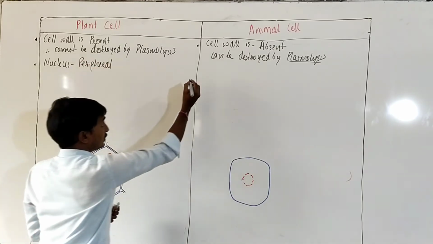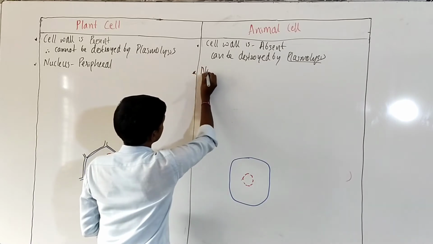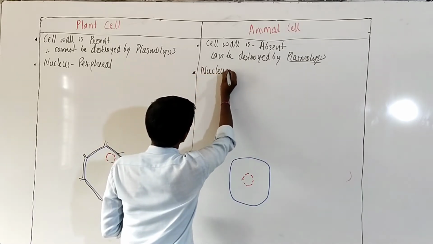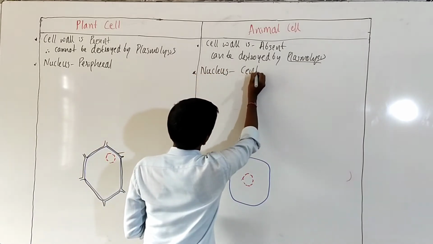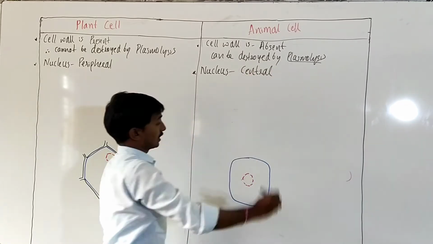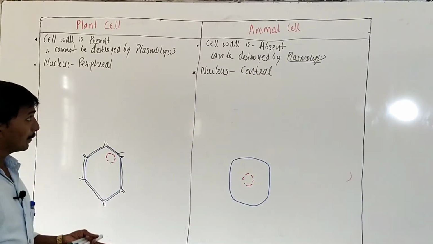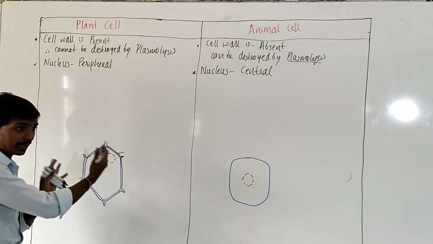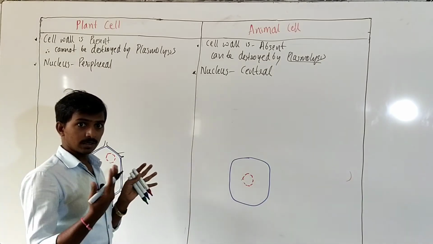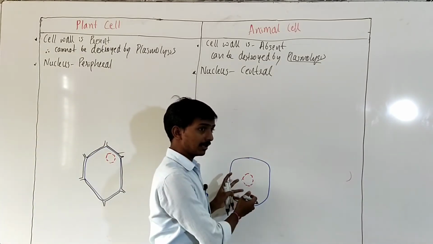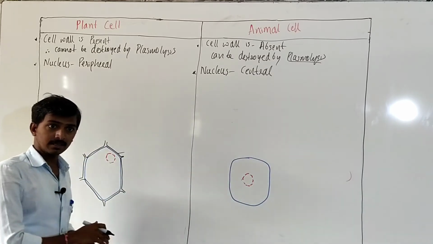In animal cell, the nucleus is central. Then what makes the nucleus peripheral in plant cell? What makes the nucleus central in the animal cell?